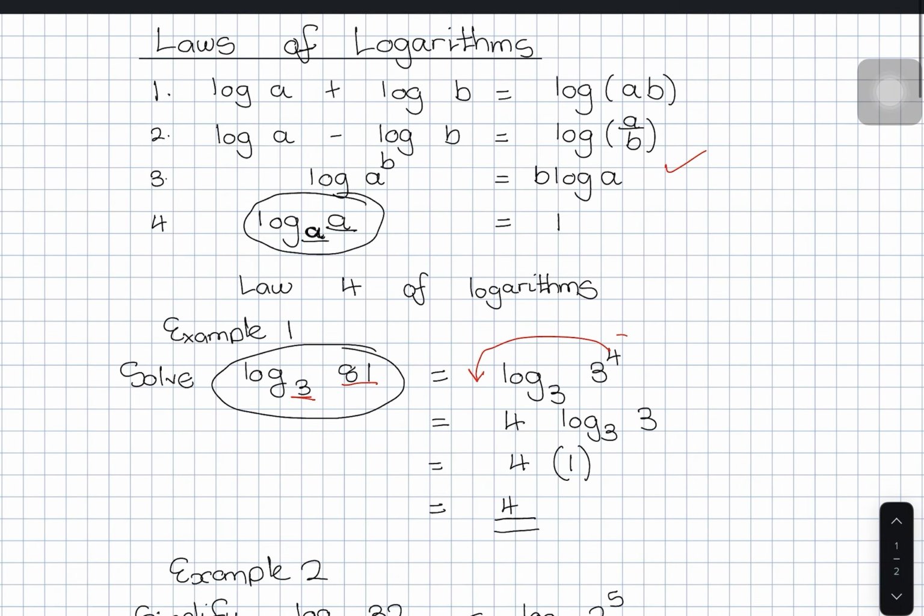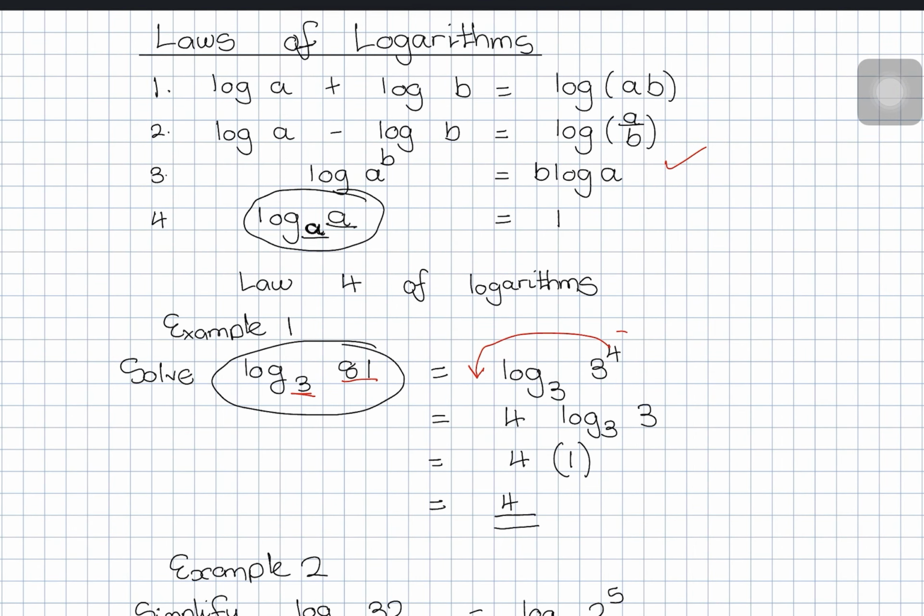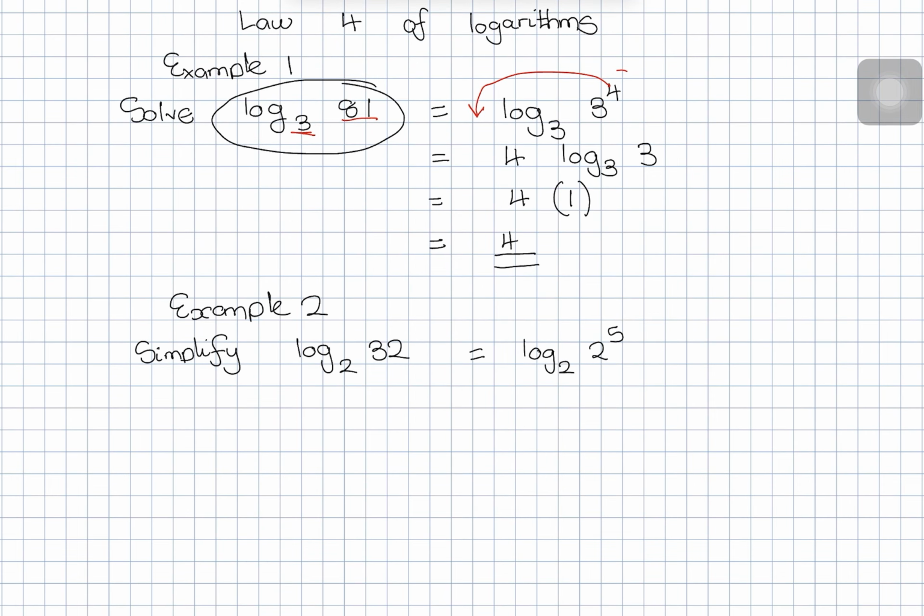Then what's the next stage? The next stage is law number 3, this one that I indicated earlier, whereby we bring down the power. The power will come before the logarithmic sign. So our answer will become 5 log base 2 of 2.